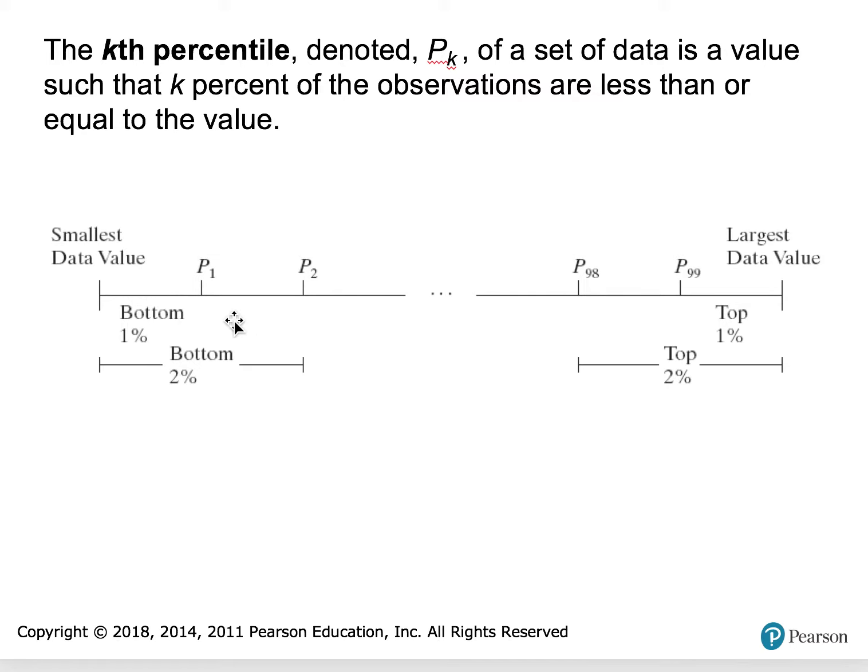P sub 3 is the bottom 3%. Okay? Percentiles are used to give the relative standing, here's that word again, relative, standing of an observation. Many standardized exams, like the SAT, use percentiles to let students know how well they scored on the exam in relation to all other students who took the exam.